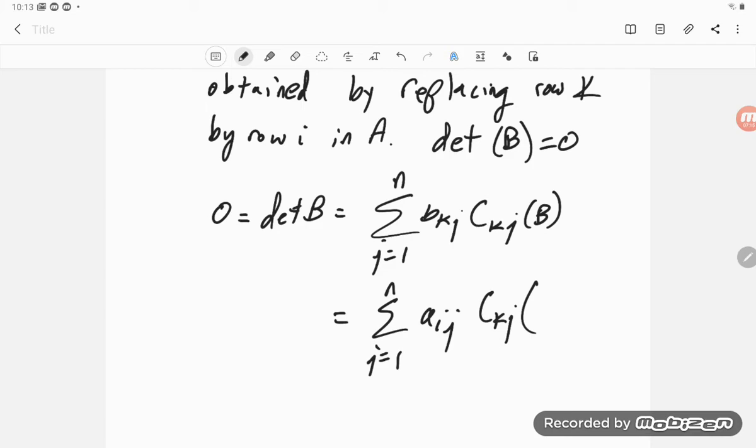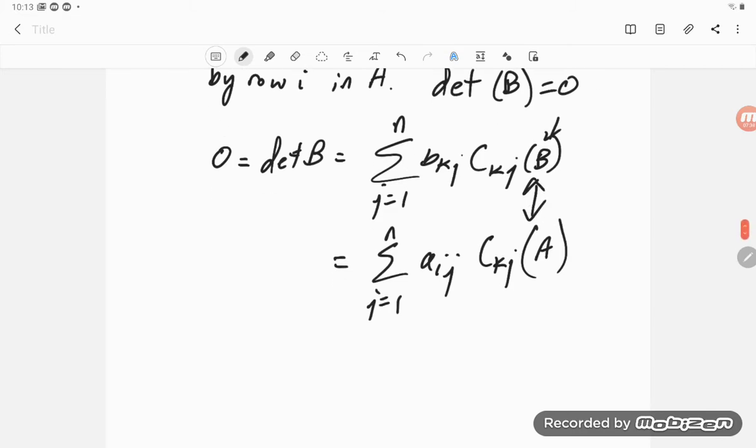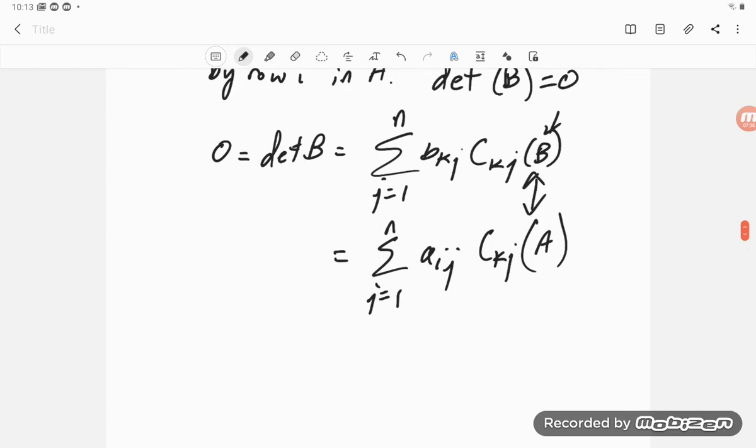But since we were expanding on row k, every other row of B is exactly the same as every row of A. And so these two cofactors are the same thing. Okay, so that's how we get our 0 for this.